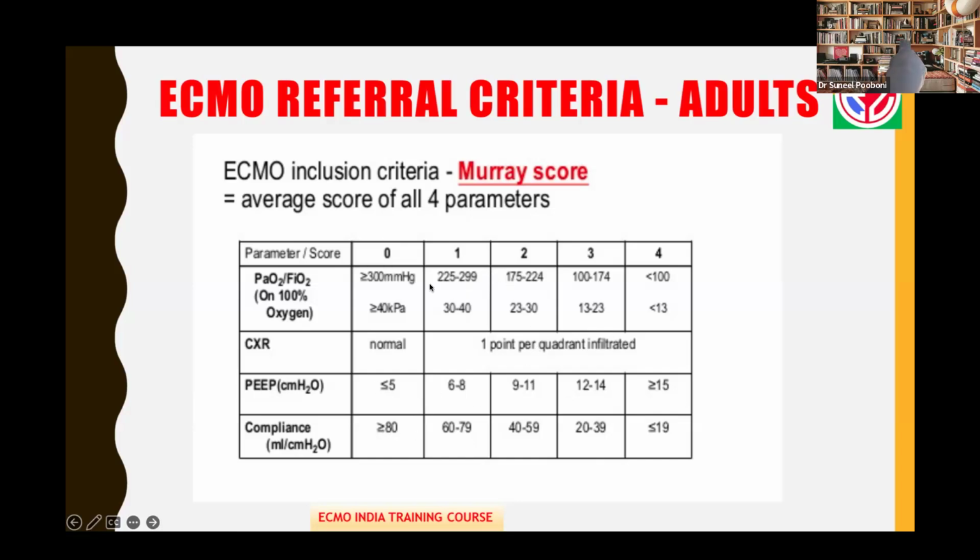So when you calculate the total score as per the score given for a patient, then you divide it by 4, and if that number is more than 3, then those are ECMO candidates. This is the importance of Murray score, which is a reliable parameter.